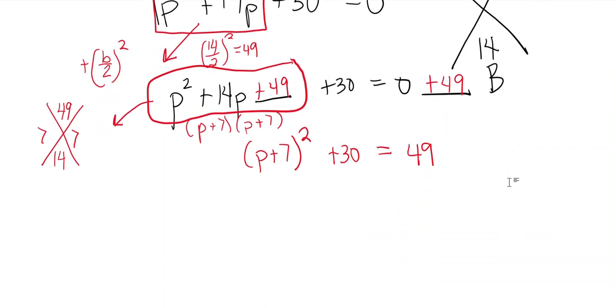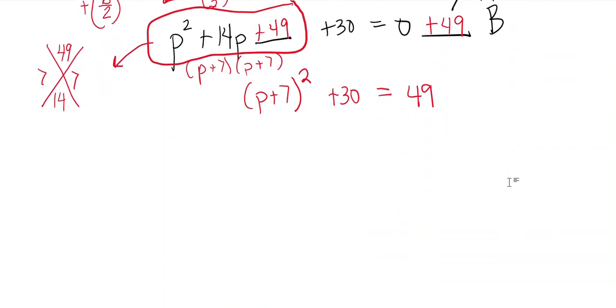Now, if we're trying to solve this equation, we can get the p plus 7 squared by itself. So we'll subtract the 30 from both sides. P plus 7 squared equals 19. Now, what's the inverse of squared?